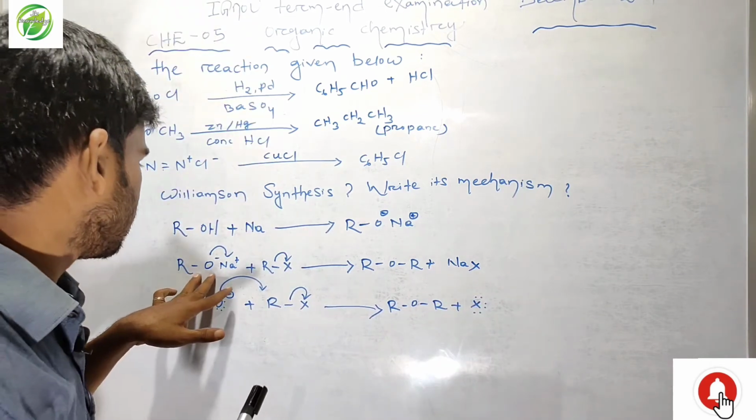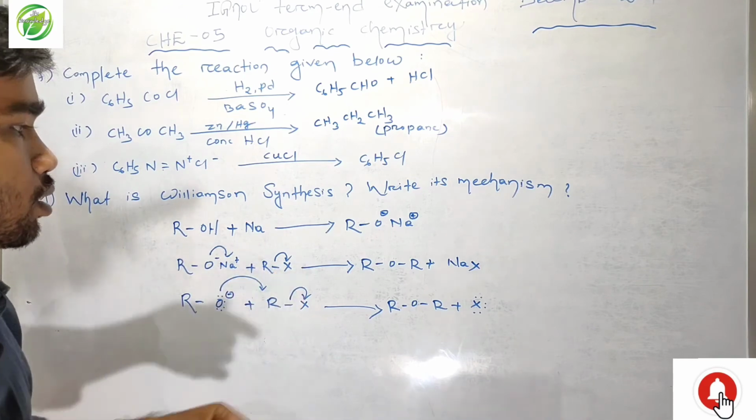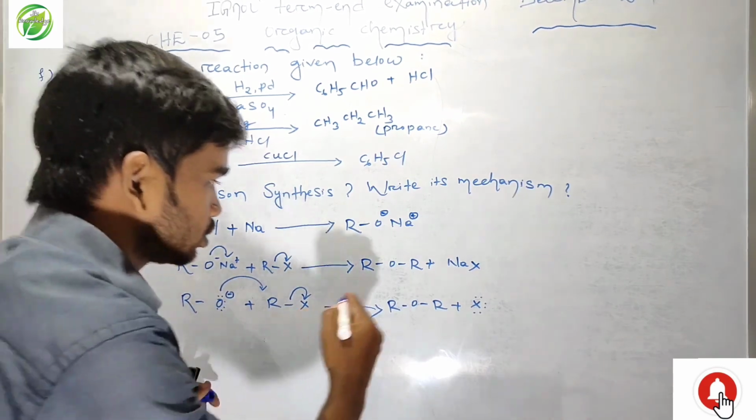When we heat this alkoxide and alkyl halide together, ether is prepared.